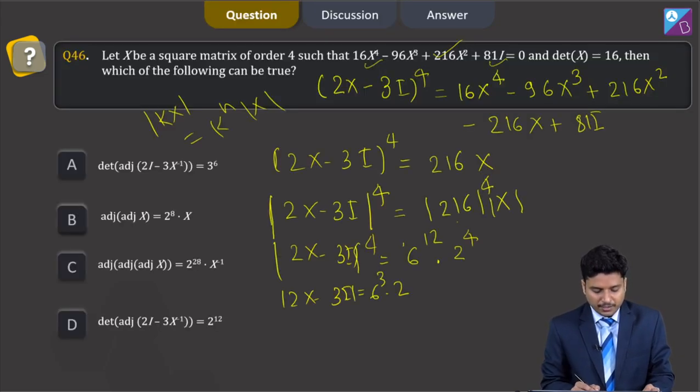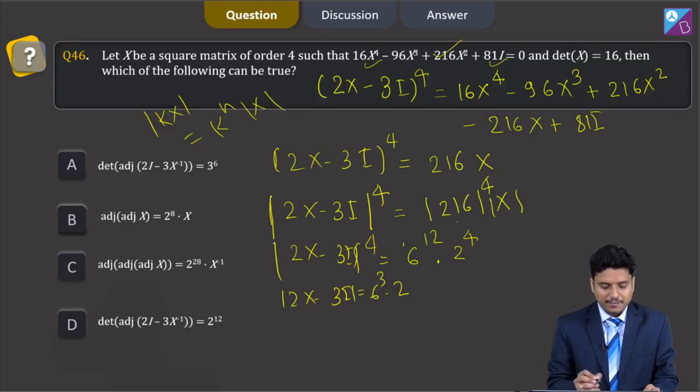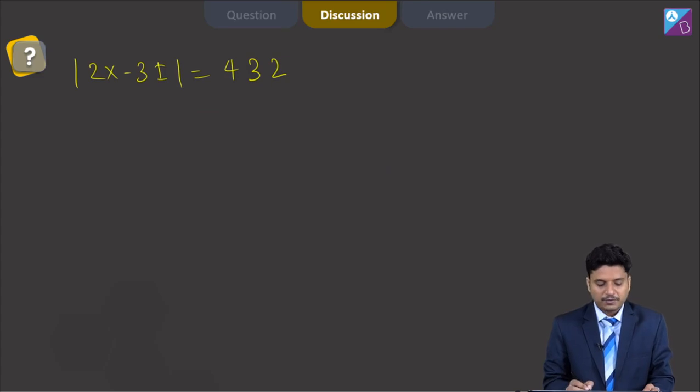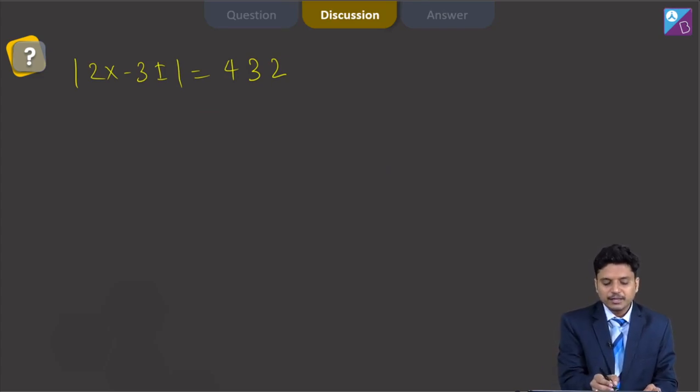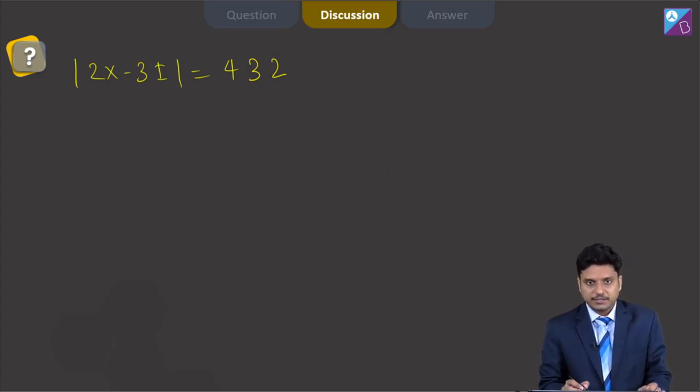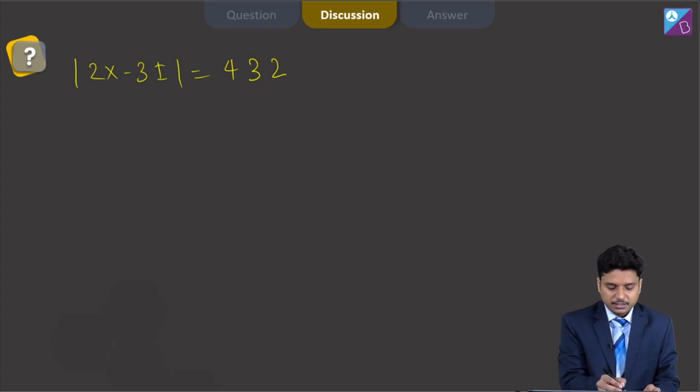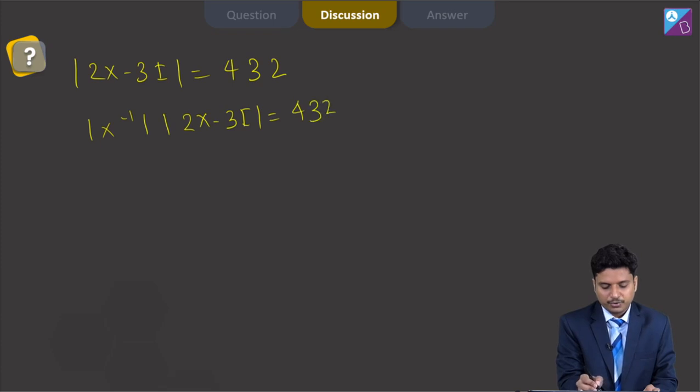Now what you have to obtain actually? You have to find (2i minus 3x inverse). How will we get this? If we simply multiply x inverse on both the sides, that means 2x inverse and here 2x minus 3i will be equal to 432 into determinant of x inverse.